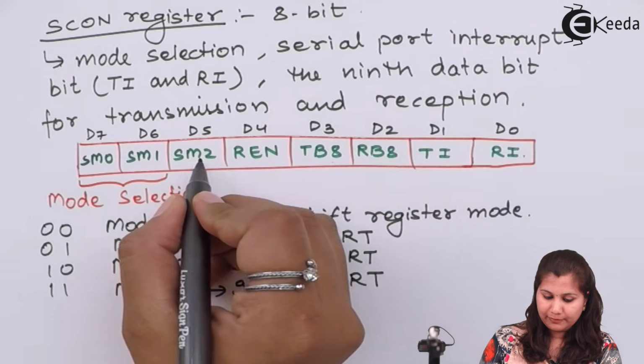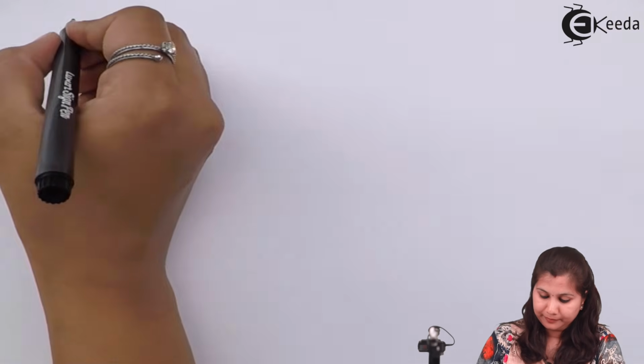Then we have SM2. This is the multiprocessor communication bit.